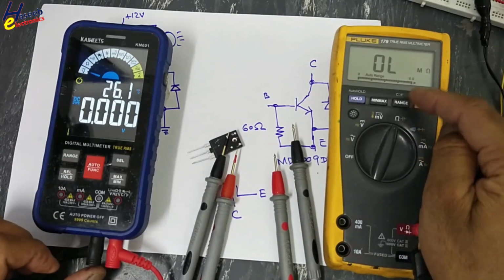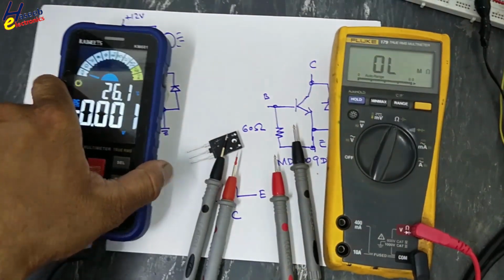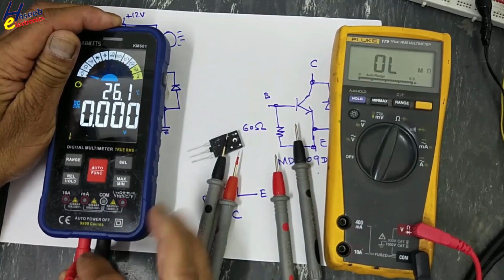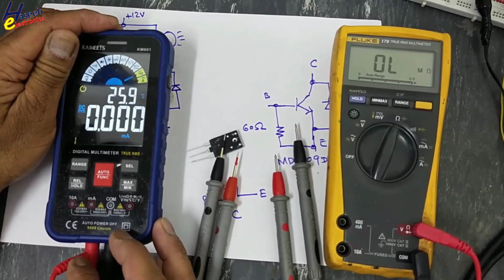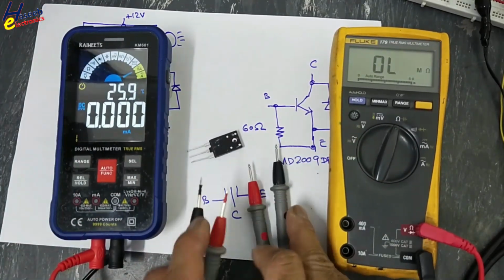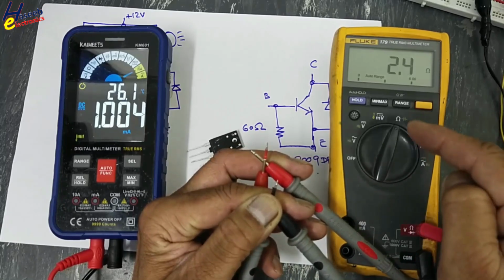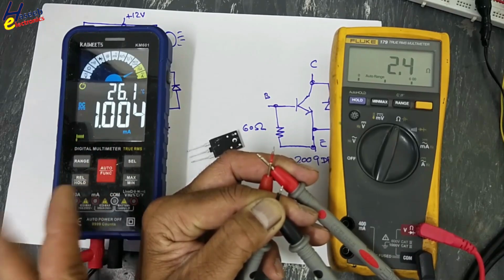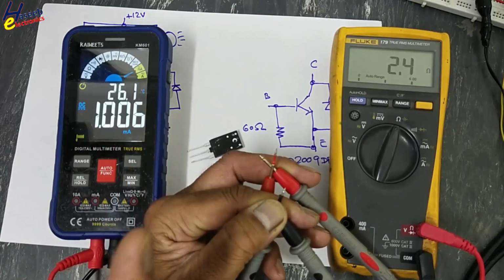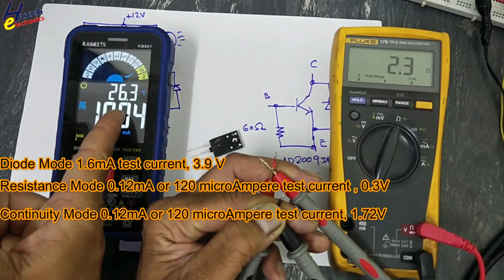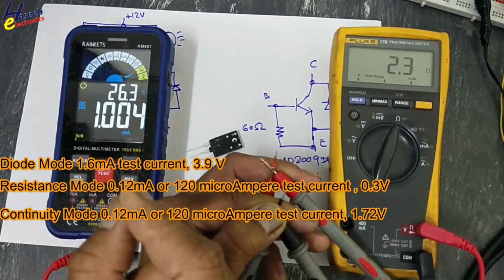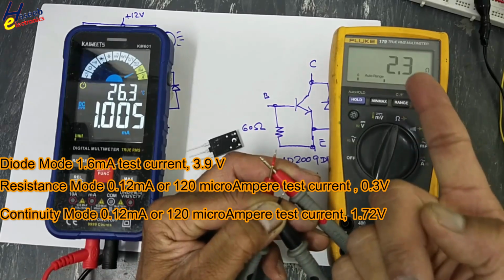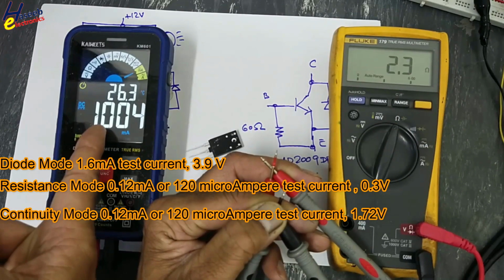Now we will check the test current for this multimeter, in DC milliampere. This multimeter is using 1 milliampere test current with 2.7 volt, but the other multimeter was providing a test voltage of 0.3 volt with 0.12 milliampere. So here is the difference, 2.7 volt with 1 milliampere current.